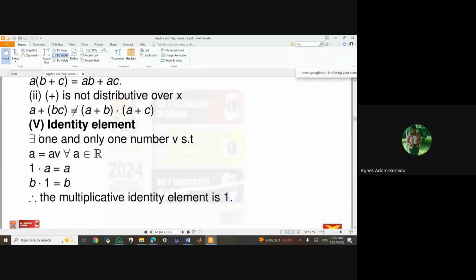So I just talked about identity. For addition, we are talking about a number that when we add it to a number, we get the number itself. For multiplication, we are talking about a number that when you multiply by the number, you get the number itself. So if I have a number a, the number that when I multiply with a, I get a itself is 1. So the multiplicative identity is 1.